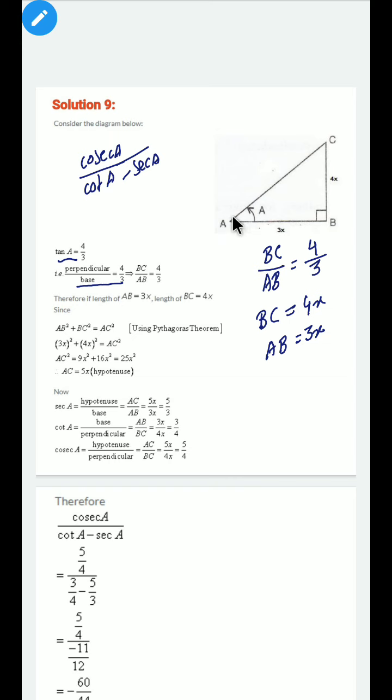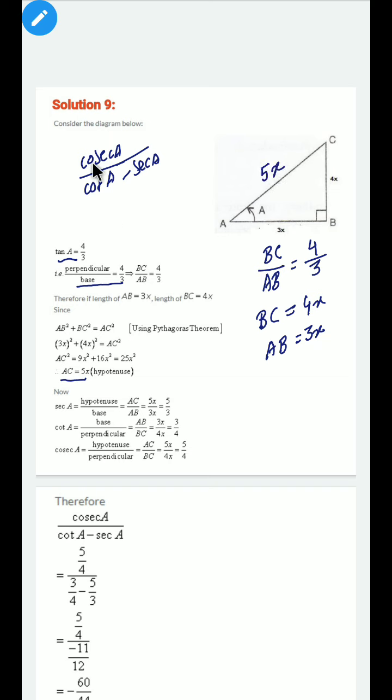From here you have to find out the value of the hypotenuse. We know that by the Pythagoras theorem, hypotenuse square is equal to base square plus perpendicular square. Just put the value, you will get AC, that is 5x. Now what to do?